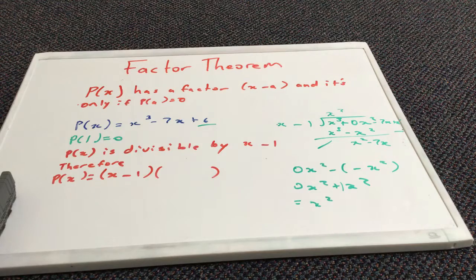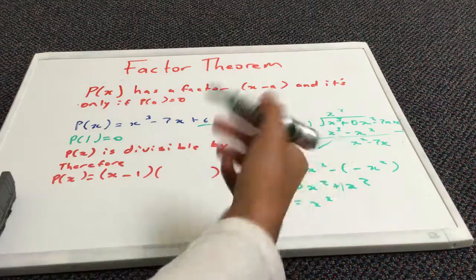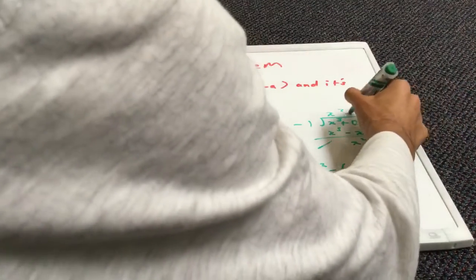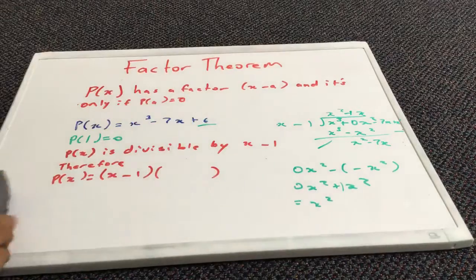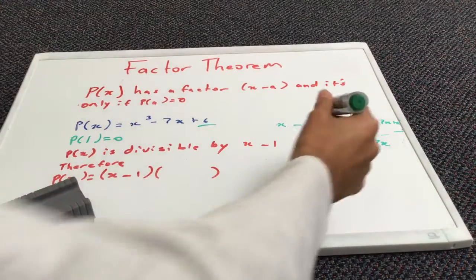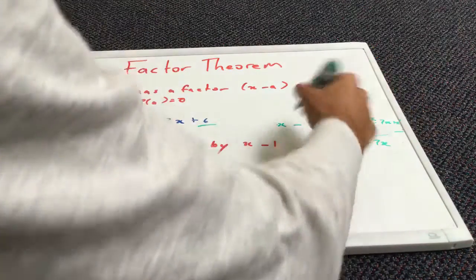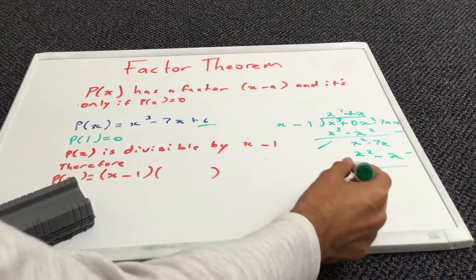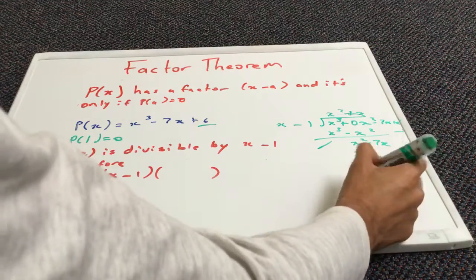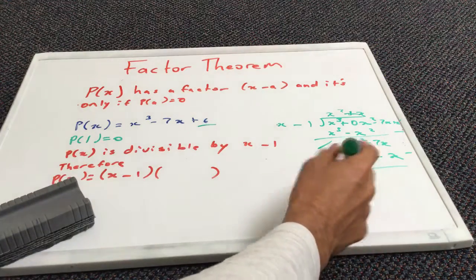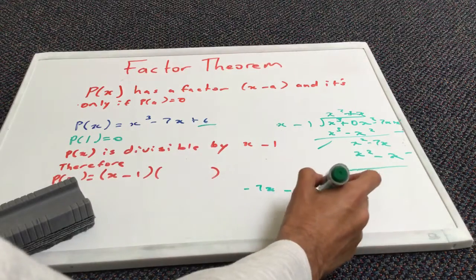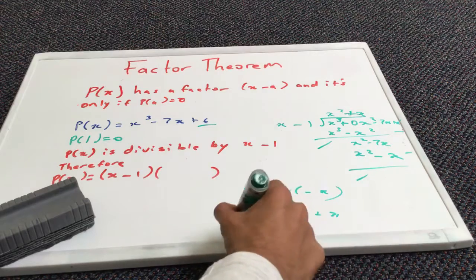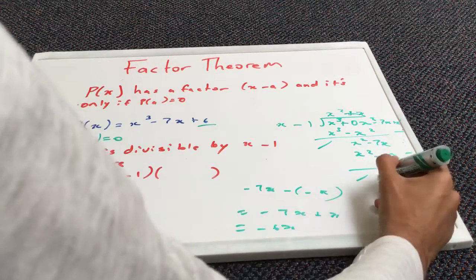The only thing that would work is x, because x times x is x squared, so put plus x. I'll now rub this out for space. Then x times x minus 1 is x squared minus x. Then subtract. This cancels out. You're left with minus 7x minus minus x, which gives a result of minus 6x.